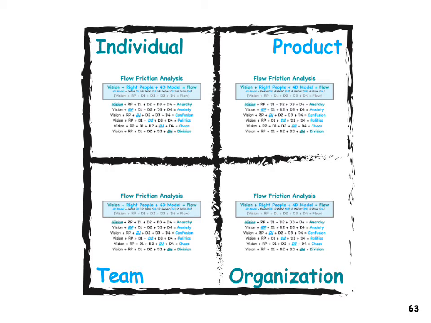We can do this via surveys. We can create a team radar, it's almost like a health radar, based on the flow friction analysis. And then over time, you do snapshots in time. So if you're doing this for a team, for example, you might do it on a monthly basis.